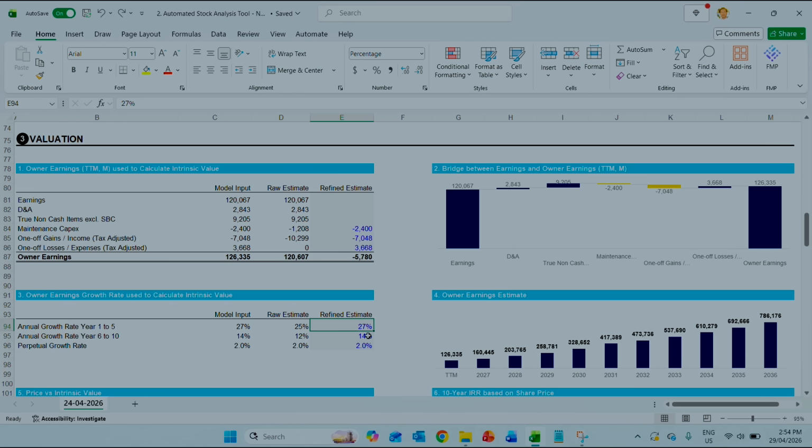So I like to refine those estimates. Once again, I've got a lot more context. I've got my own conviction, and I like the fact that at the end of the day, I decide the assumption that will help me estimate the intrinsic value of the company.